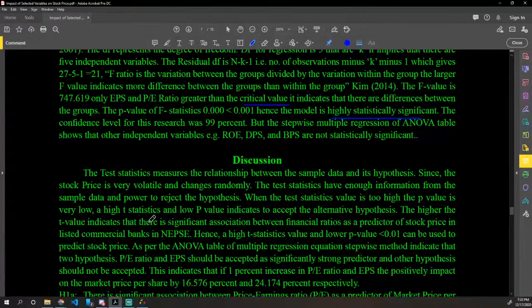So our high t statistics and low p-value indicate to accept the alternative hypothesis. That is correct. The higher t-value indicates there is a significant association between financial ratios as predictors of stock prices in listed commercial companies. So high t statistics and a low p-value can be used to predict stock prices. That is correct. High t statistics, right?